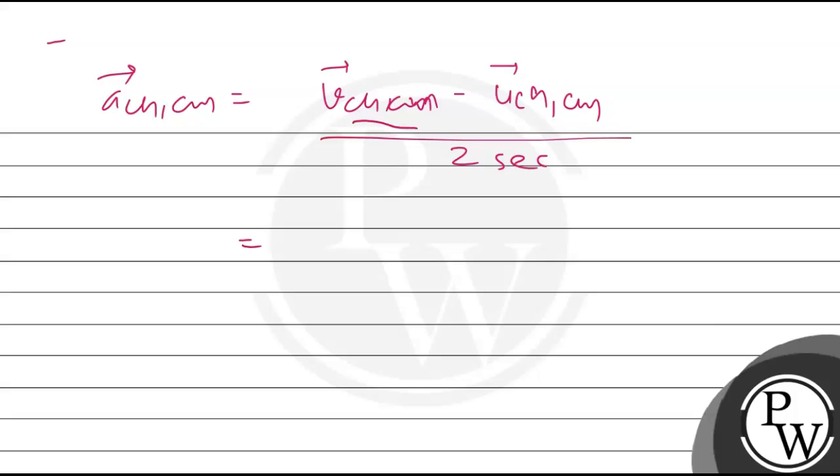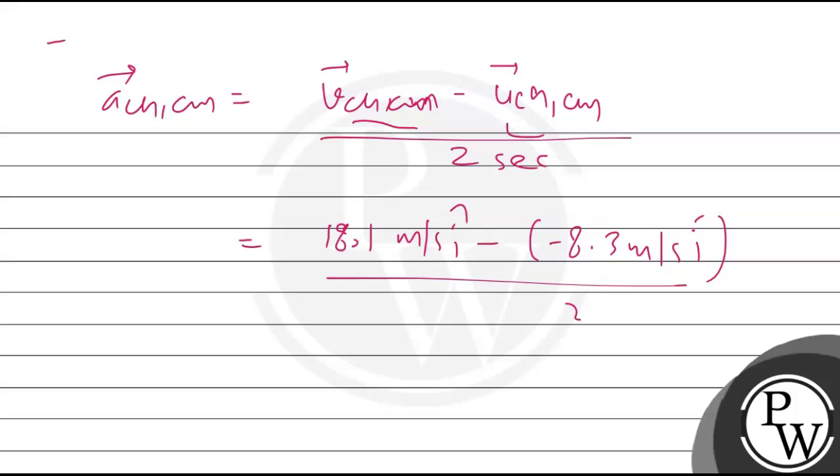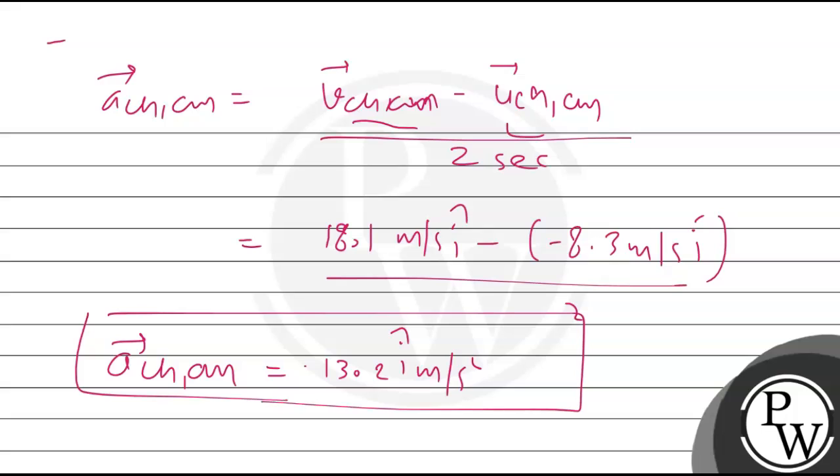The final velocity of the cheetah with respect to the cameraman is 18.1 meter per second i cap, minus the initial velocity of minus 8.3 meter per second i cap, upon 2. If we solve this, we get the acceleration of the cheetah with respect to the cameraman as 13.2 meter per second square in the positive i cap direction. So its direction is eastward and the magnitude is 13.2.